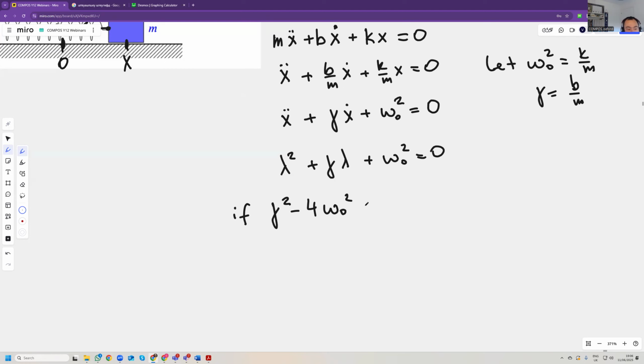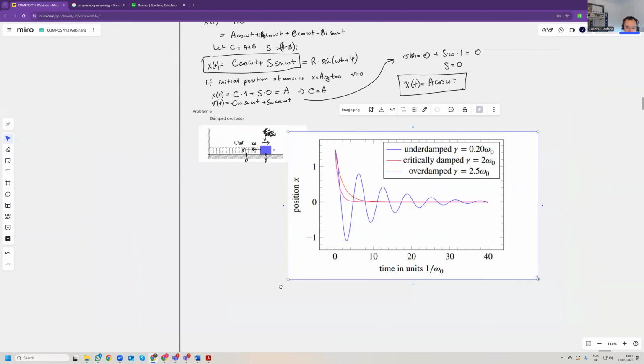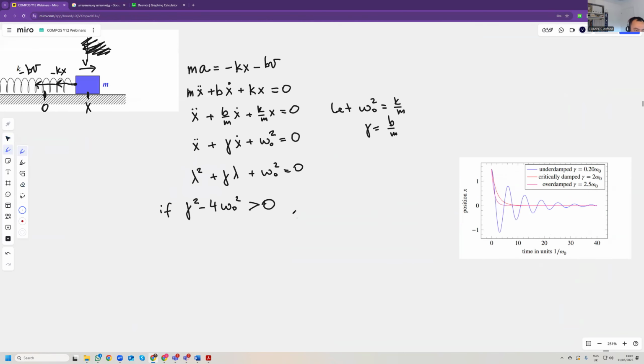If that is positive, the solution would look like this: x is a e to the power minus kt plus b e to the minus mt. So something like that. This would be an exponential curve.